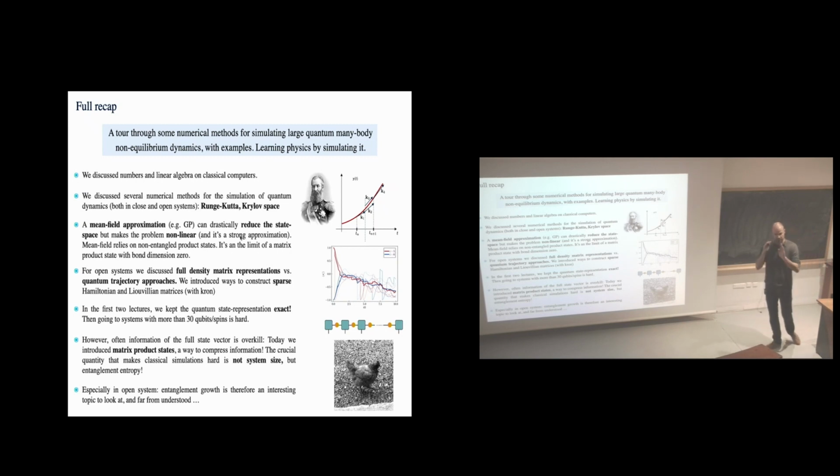But if you send this bond dimension to 1, you just drastically reduce the space that you consider. But then what can happen is that your equations become nonlinear, like in the Gross-Pitaevskii equations. No problem to solve this numerically, but of course you make a strong approximation because you neglect any type of entanglement in the system. So this is really a limit of a matrix product state where you set this bond dimension to 1.